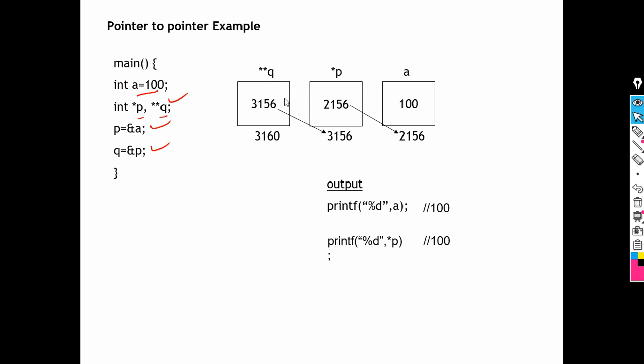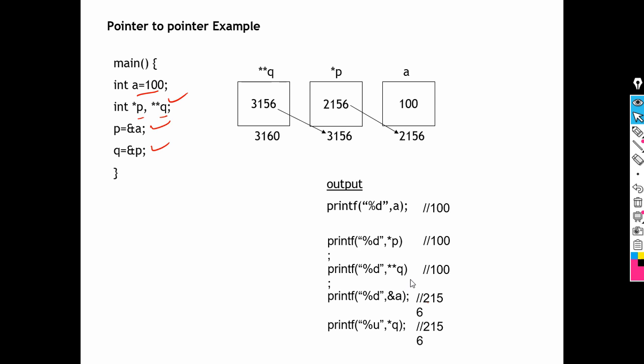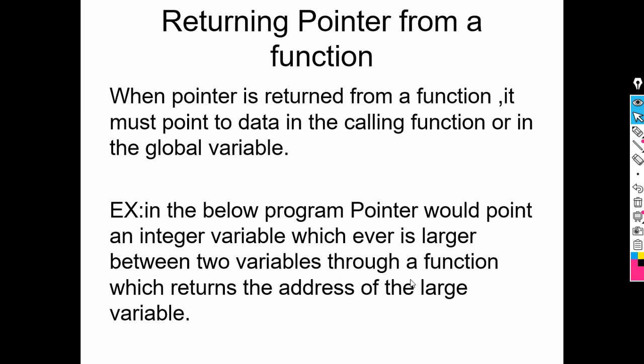Printf asterisk p prints the value itself. Double asterisk q also prints the value. Ampersand a prints the address of a, 2156. Asterisk q is nothing but the address of p, and p's value is nothing but the address of a.